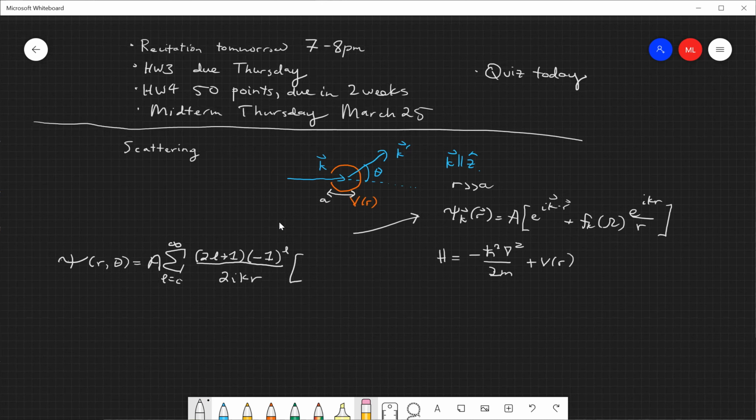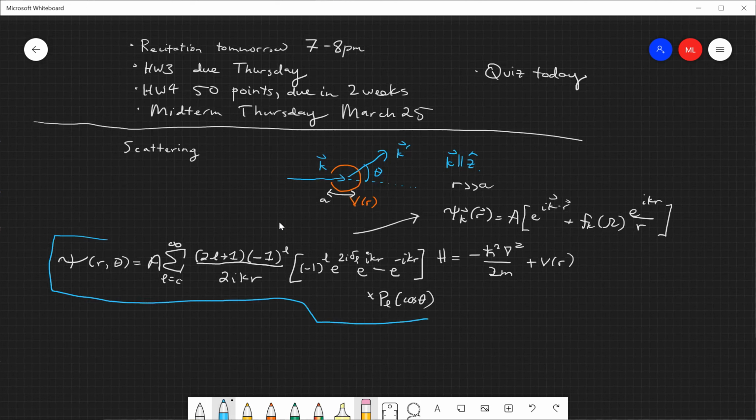And then we have minus 1 to the l e to the 2i delta l. The delta l's are the phase shifts. And we have an outgoing spherical wave portion and then an incoming one. And all of this is multiplied by P_l of cosine theta. So this was kind of the result of analyzing the solution to the Schrodinger equation.